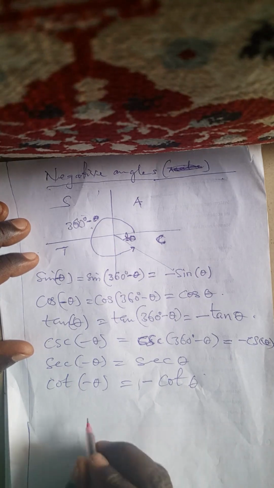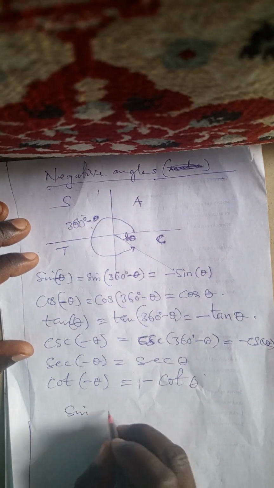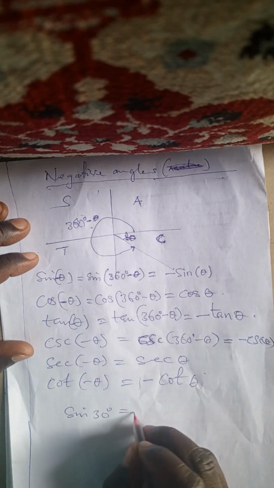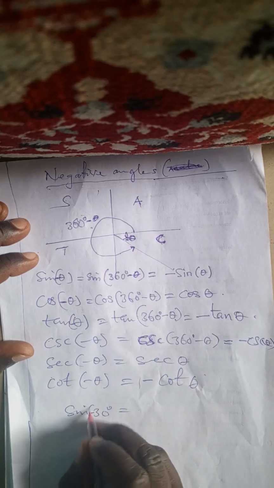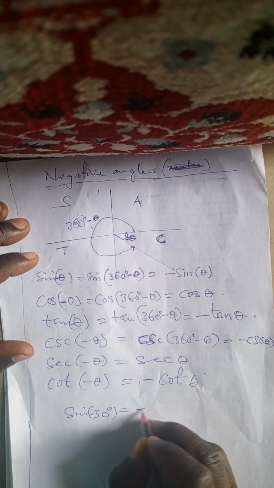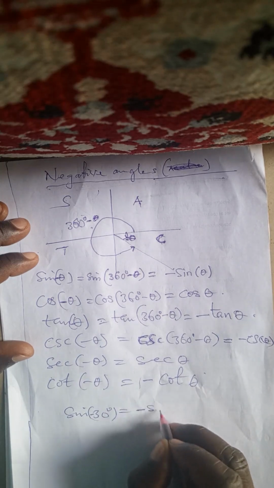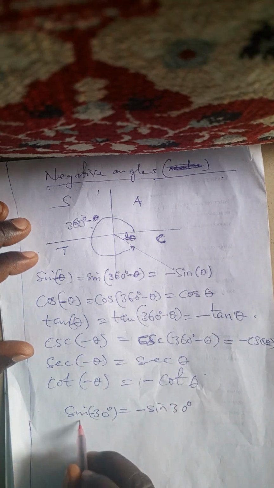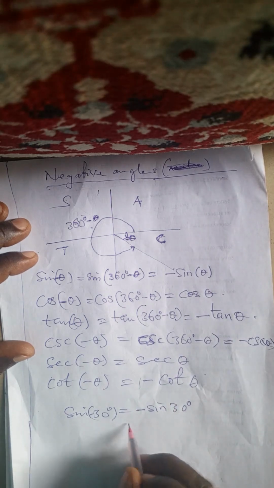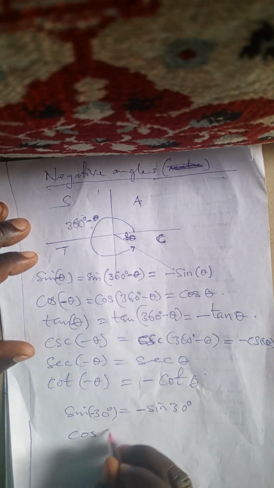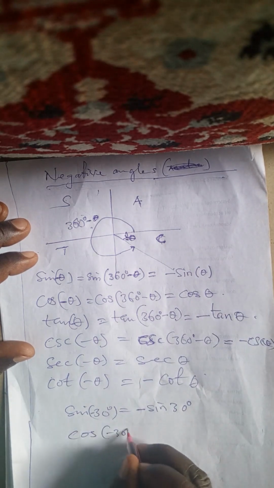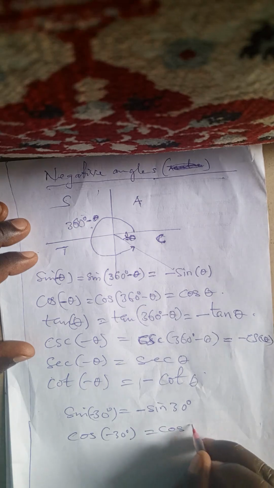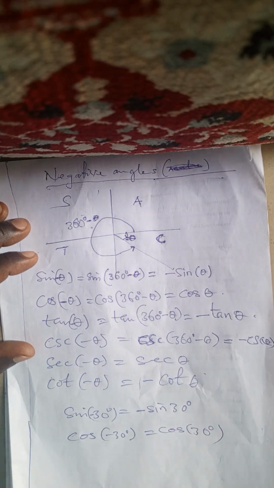For example, sine of negative 30 degrees is going to be negative sine of 30 degrees, because sine is an odd function, but cosine of minus 30 degrees is the same thing as the cosine of positive 30 degrees.